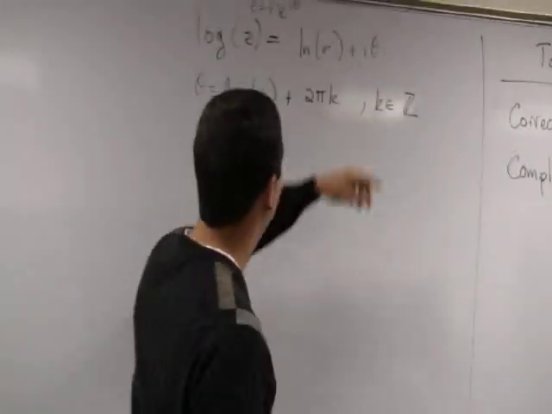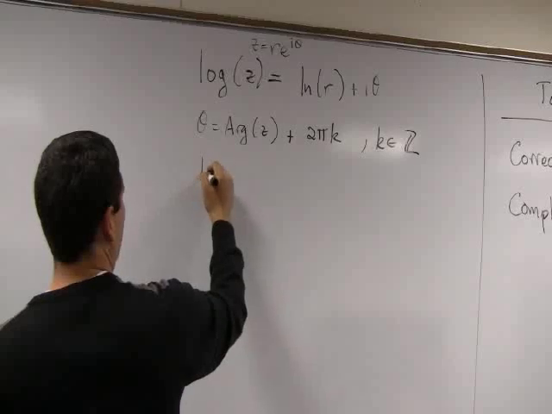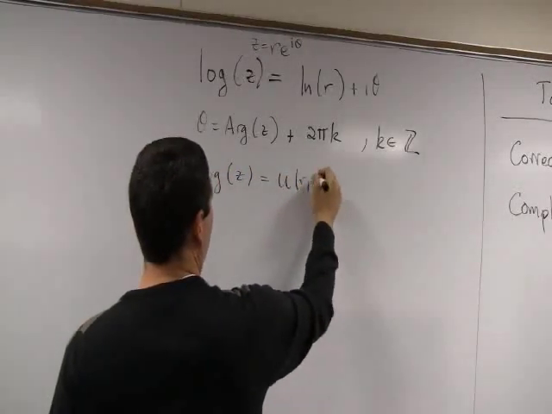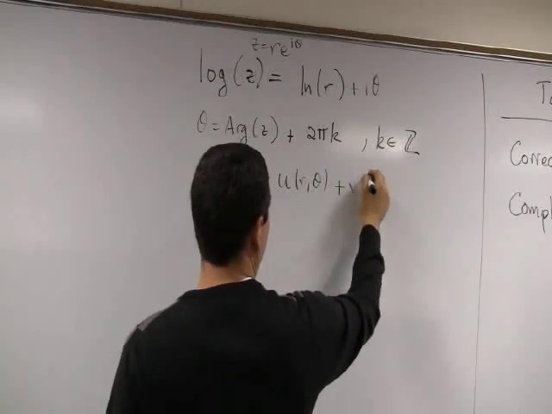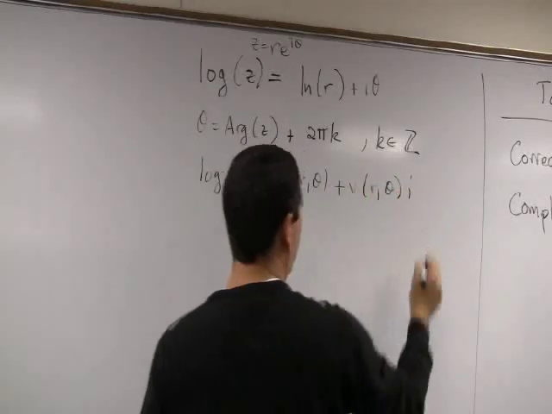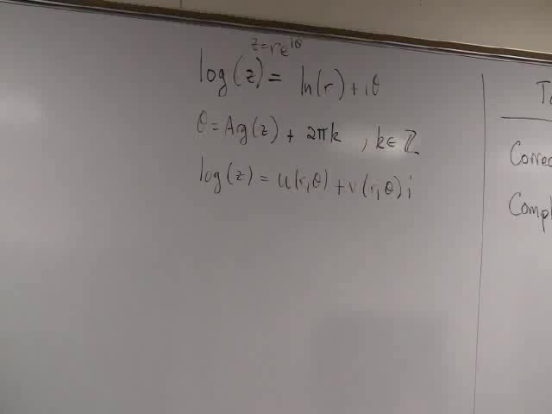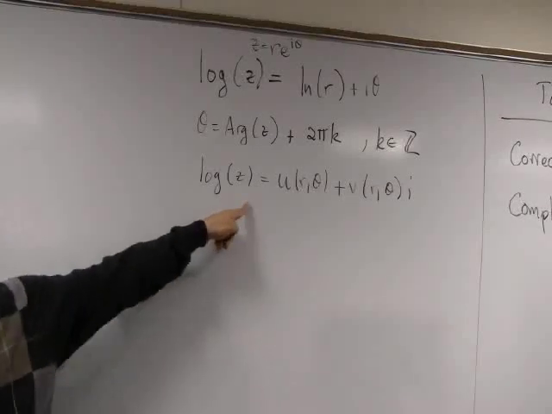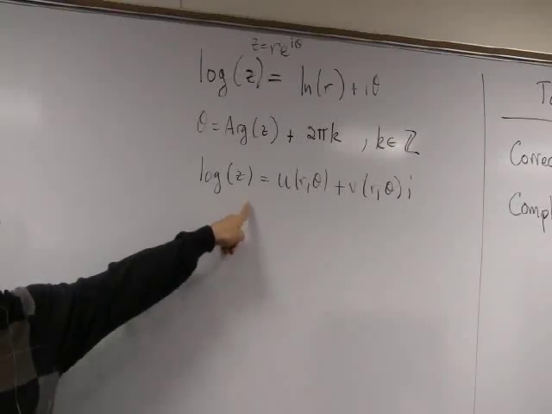which means that if we want to write our log z as u of r, theta plus v of r, theta i, and then check to see if this function is analytic, right?